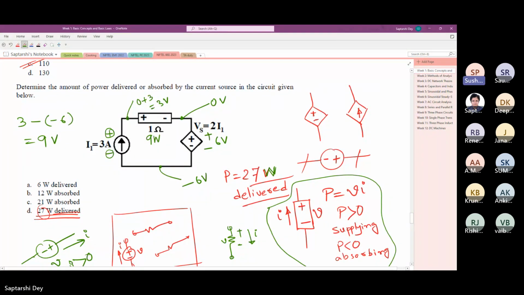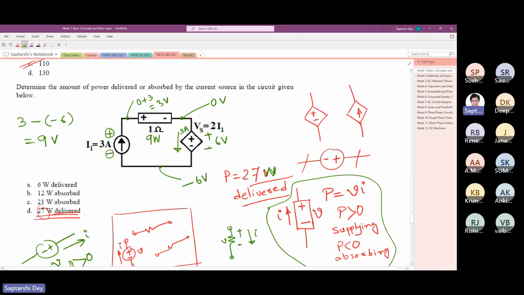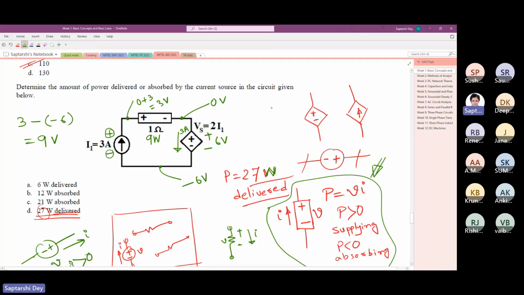I think it's from the dependent source. Yes. So in the dependent source, current is flowing like this, 3 ampere. Now if we draw this dependent source as per what we drew here, I have to draw it like this.